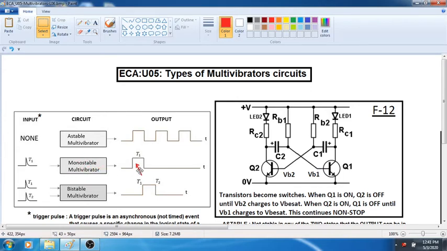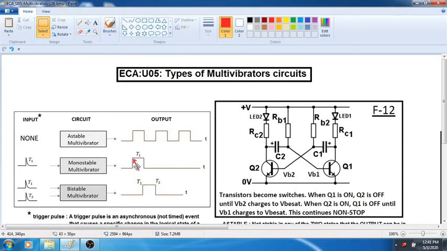We will tell the monostable multivibrator, you are in the stable state for a very long time, please go to the other state. We are giving that pulse. That is called a trigger pulse. Now what will happen in the case of the monostable multivibrator is, it will see the trigger and it has to respond. It will take the trigger, it will change the state.